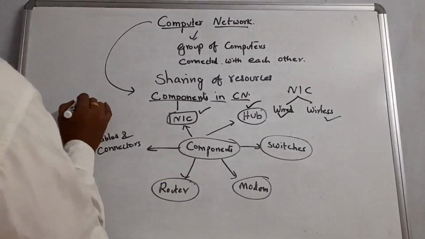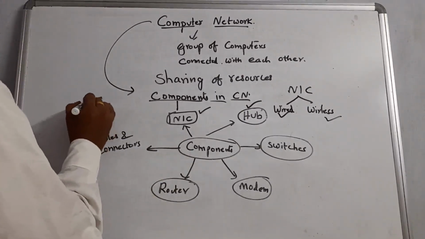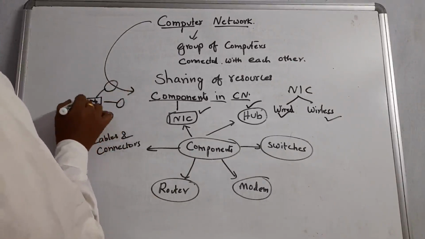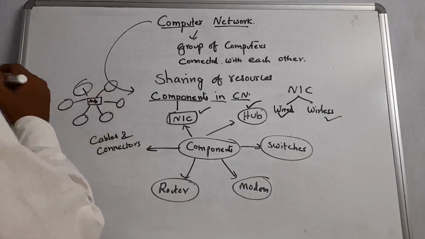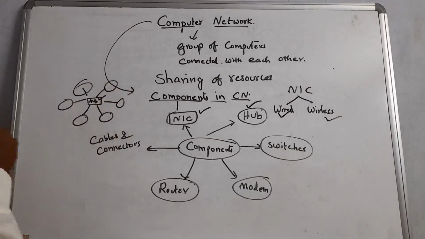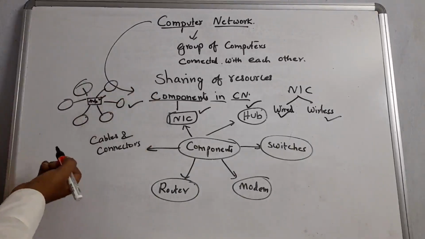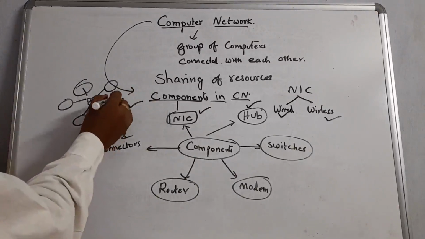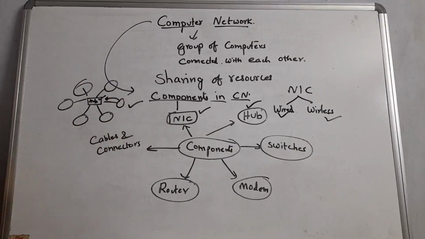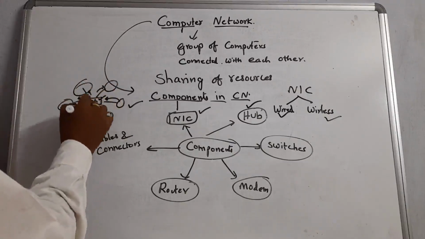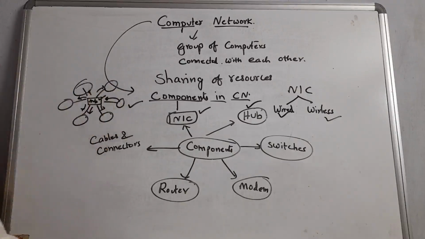That is, the hub will be somewhat like this, where all the devices are connected to it. When a computer requests information from a computer, it sends the request to the hub. The hub distributes its request to the interconnected computers. This is the use of a hub.